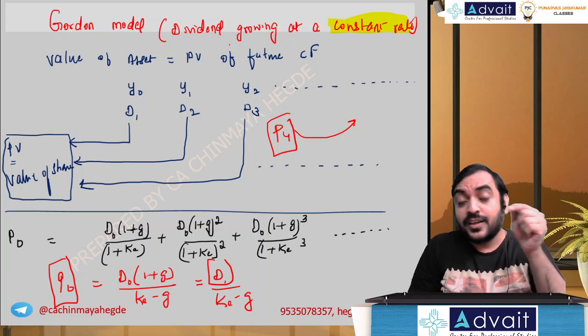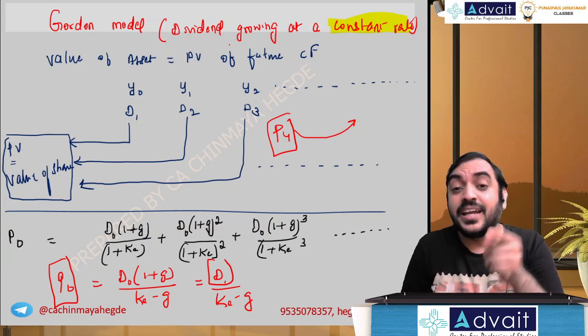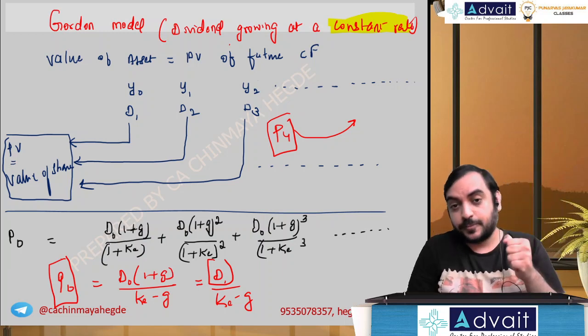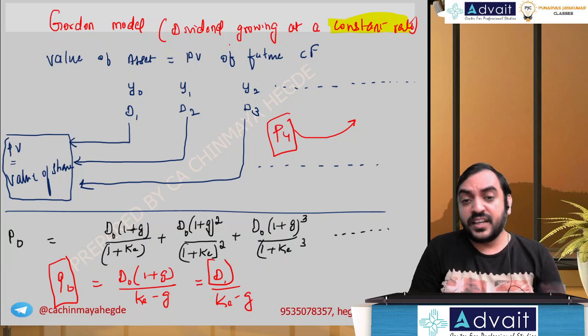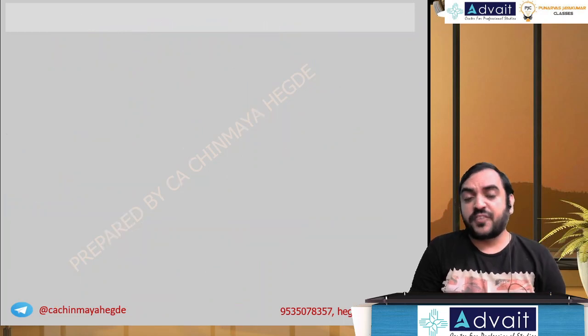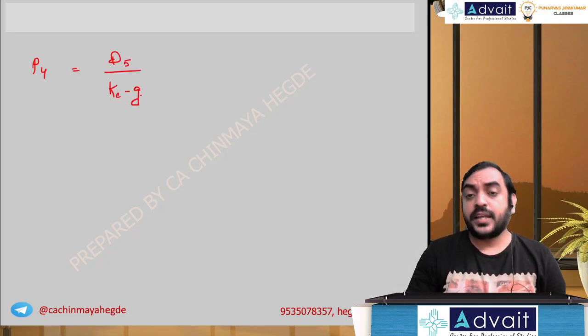So P4 represents the value of dividend from year 5 onwards. Hence, P4 equals D5 by Ke minus g.